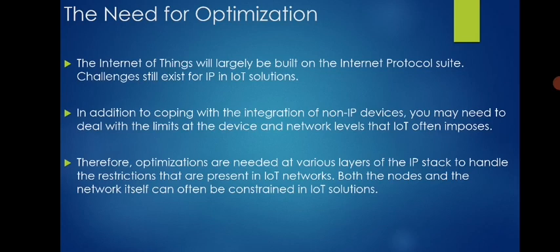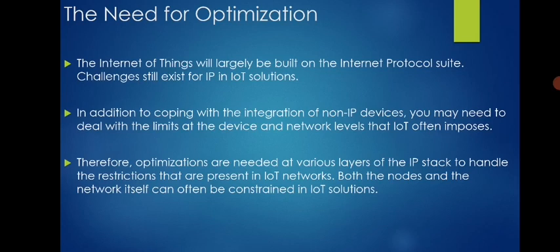Other than whether devices are supportable for IP or not, we have some other limitations regarding the devices and the network. We'll see what problems we may face from the device end and what problems we may face at the network level. Therefore, optimizations are needed at various layers of the IP stack to handle the restrictions present in the IoT network.